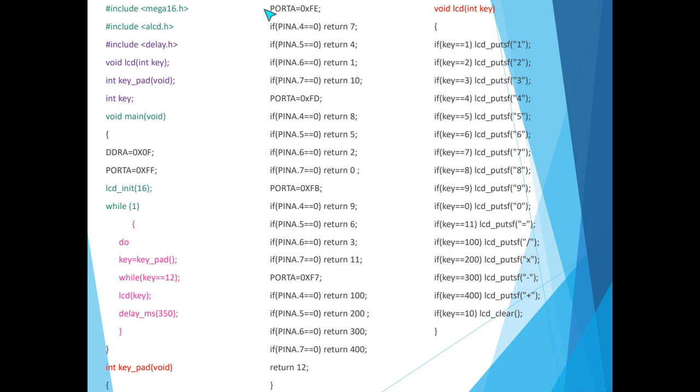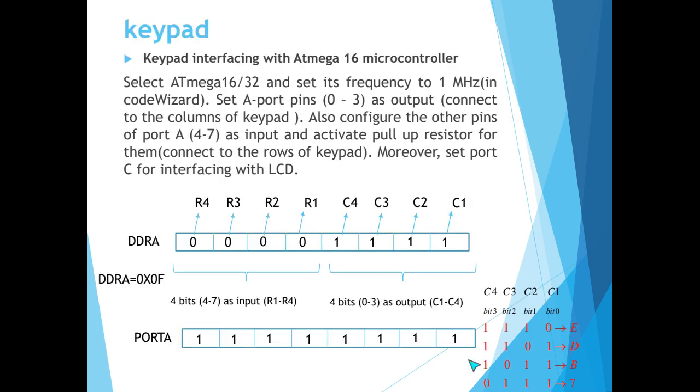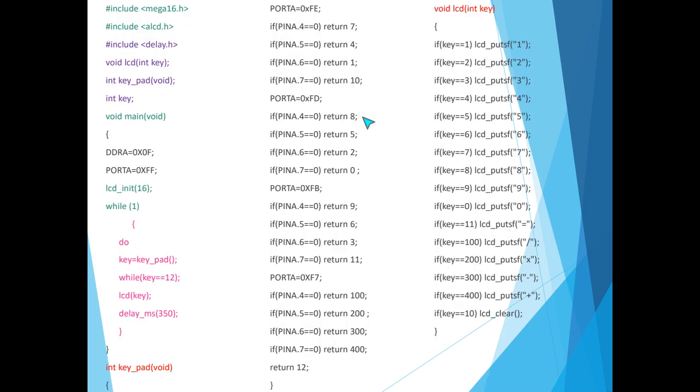So we said that at first we make the first bit, which is connected to column 1, as 0. And in hex number it is called E.